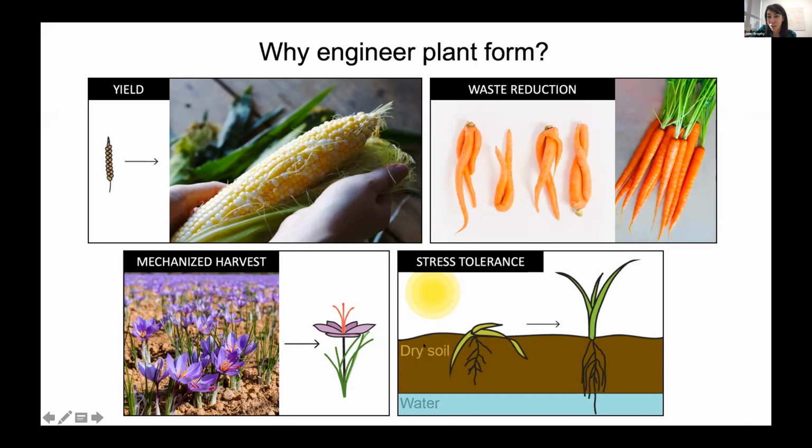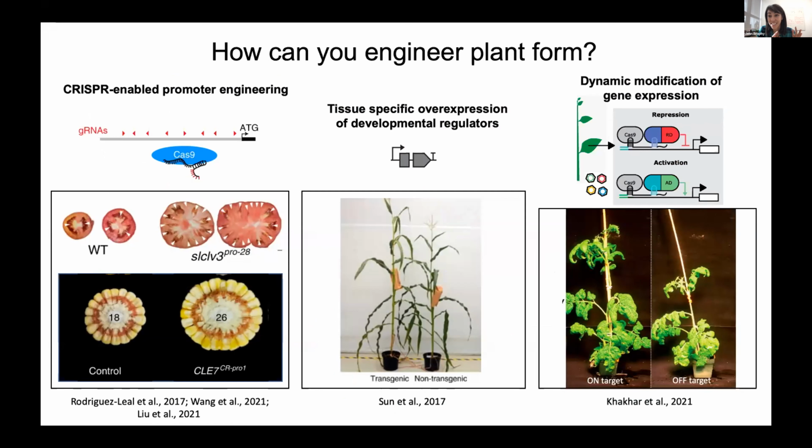The question is how. So I'm going to present an idea of how to engineer plant form, but I just want to highlight some really recent and interesting methods for engineering plant form that have been really impactful. So first, there's been a number of papers, both out of Cold Spring Harbor in Zach Lipman's lab and Dave Jackson's lab, to engineer the promoter regions of important genes to change the structure of tomato and corn.